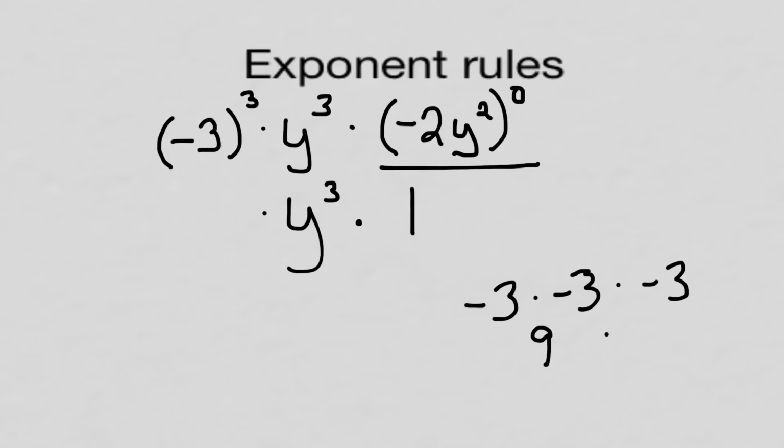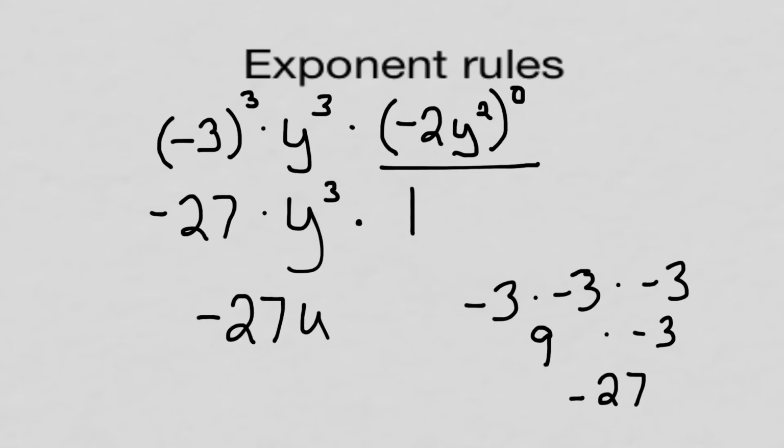Times negative 3, that's going to give you a negative 27. So I put that out front, negative 27. To clean it up, it's just negative 27 y cubed, and I don't have to write times 1. This is your final answer like this.